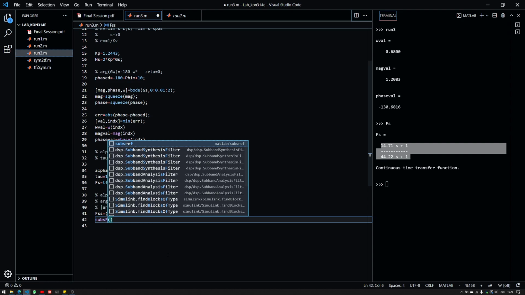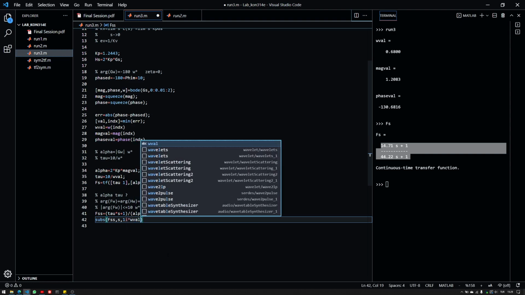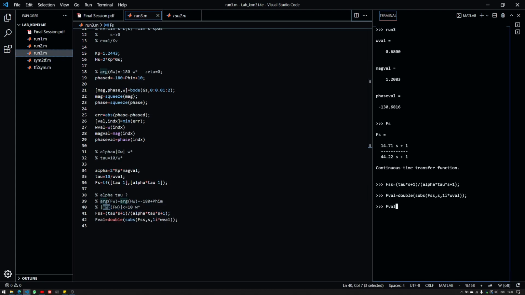Now let's substitute into Fs, instead of s, 1i times omega val, since that's the frequency, let's say f val. And it should be a double value. Let's check that. And not including K is not really important in terms of the argument here. So f val is a certain complex number. Now what is the angle of this?